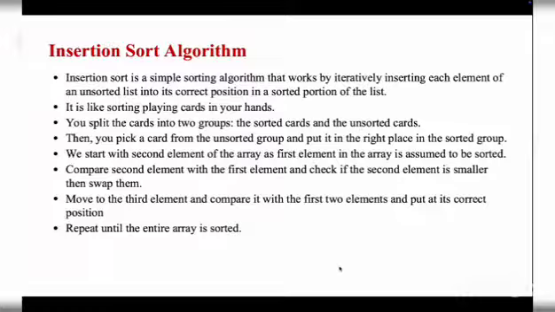Then we move to the third element, compare it with the first two elements and put it in the correct position. This is repeated until the elements are sorted. This is the iterative process, and each element is inserted into its correct position.